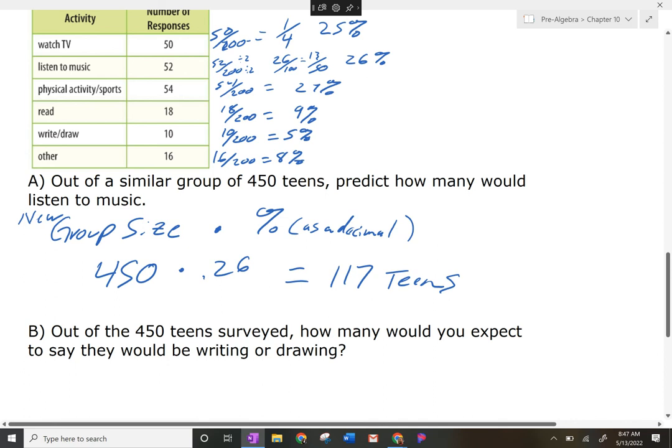The group size times this decimal. What's 5% of that? What is 5% of that? So move that decimal spot over 2 spots.